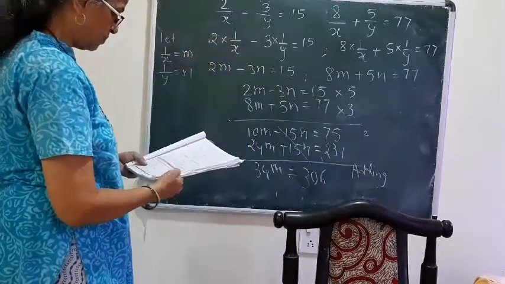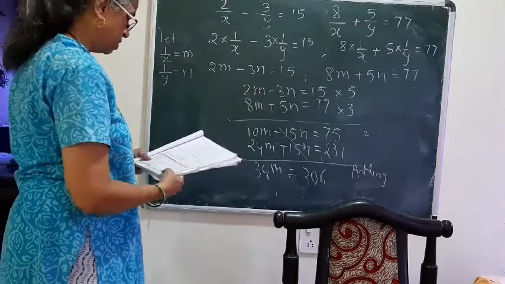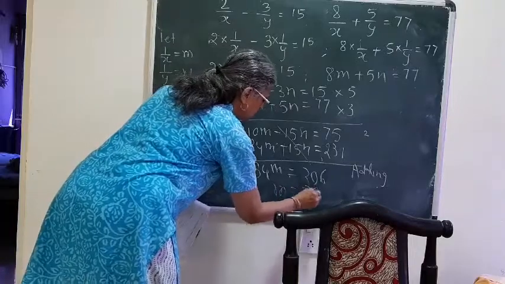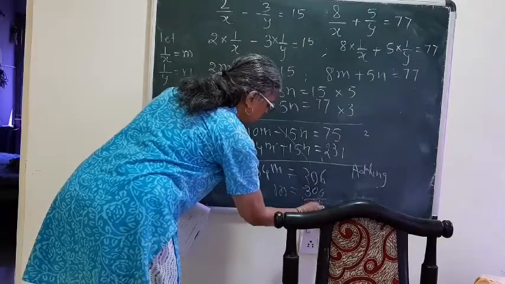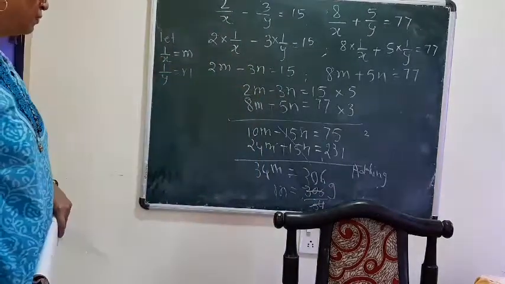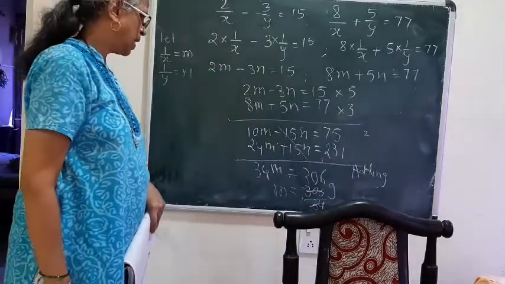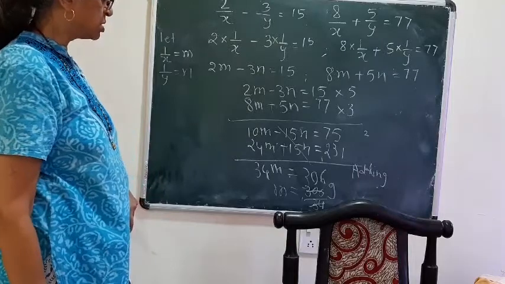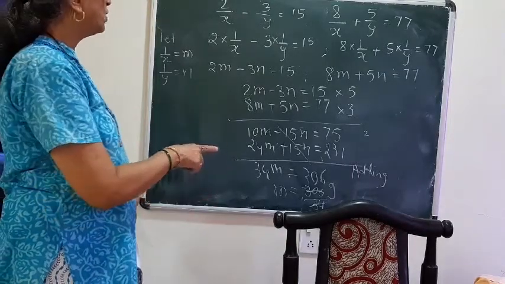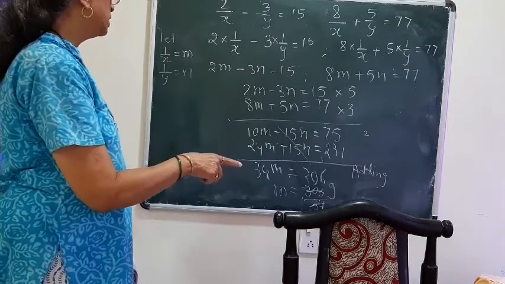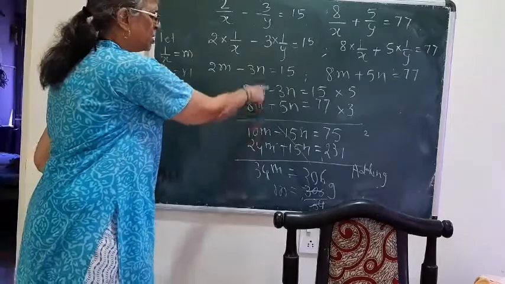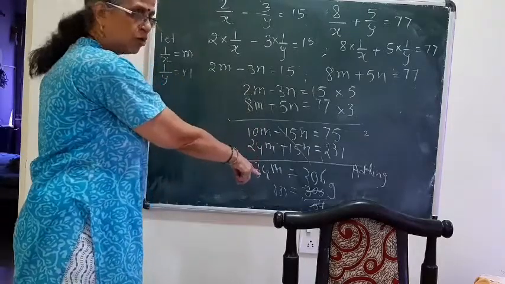So what will be m? m equal to 306 divided by 34, so it will be 9. 34 into 9 gives directly 306. So we now have the value of m as 9. Now I will find the value of n. Again the same method: substituting in any one of these equations, I can get the value of n.